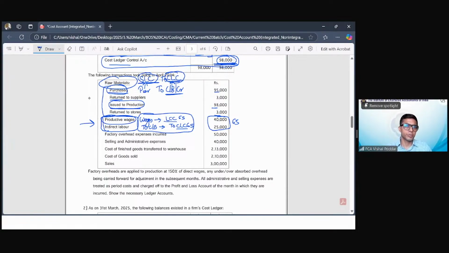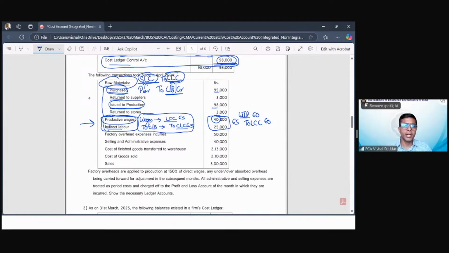Generally, these are the terms used. It represents the workers who have worked in the factory for doing production. So they have worked on the product. That is why it is direct wages. This I have to charge to factory. Factory is what? WIP. So WIP debit. And who is giving to WIP? Labor is giving. So for the first 40, my entry would be this.